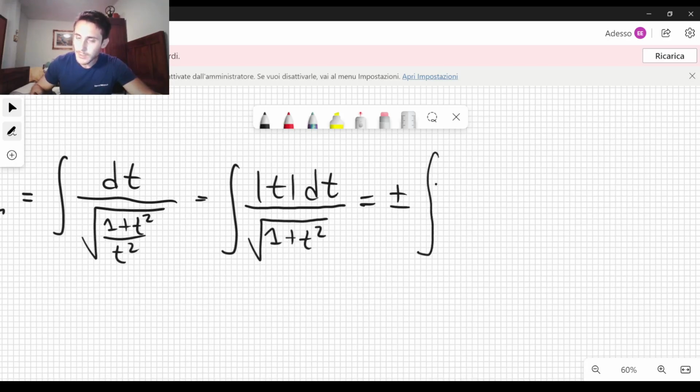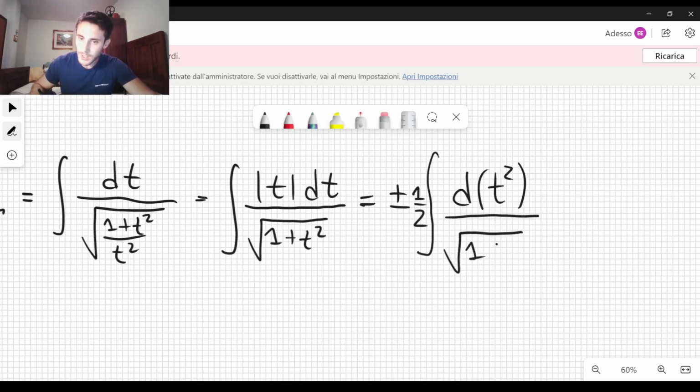First rewrite it as plus or minus, and then you can put t inside the differential, so you can rewrite this as dt squared, multiplied by 1/2, because 1/2 the differential of t squared is simply equal to t dt. The absolute value is contained in this plus or minus, which we'll take care of in a few steps. And then we divide by the square root of 1 plus t squared.